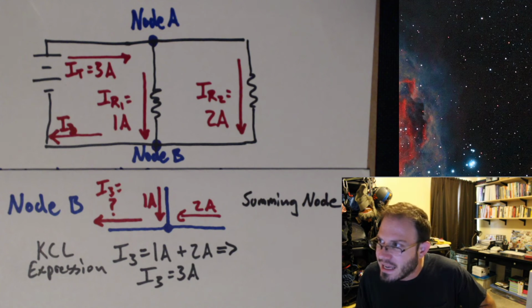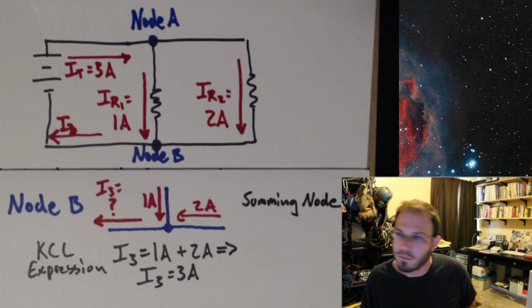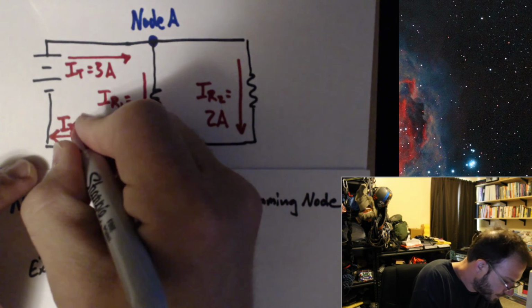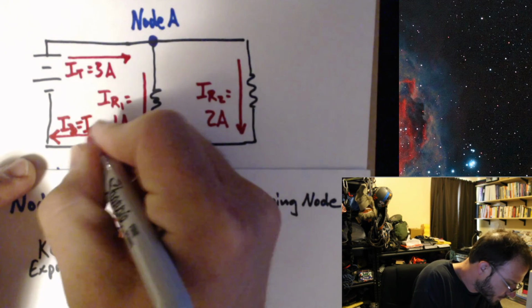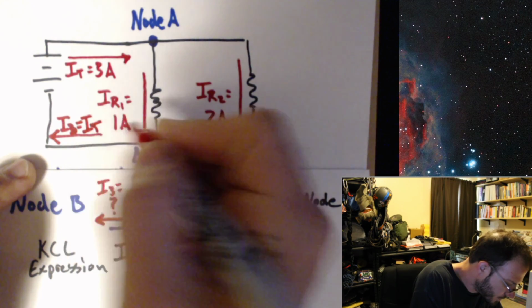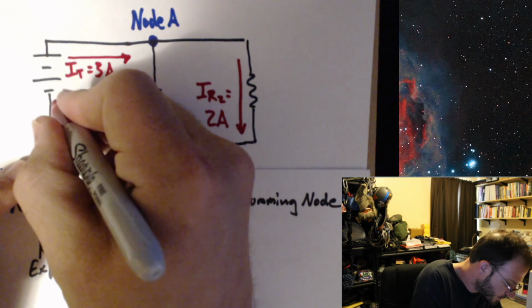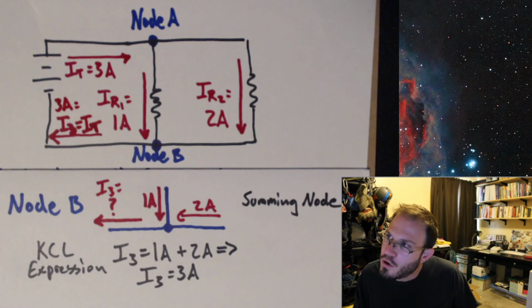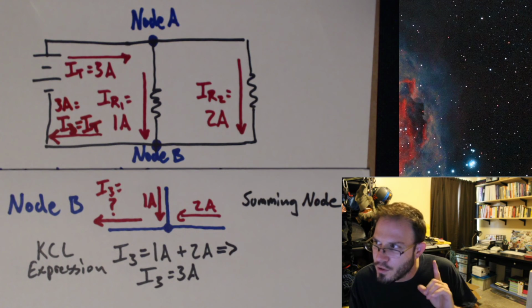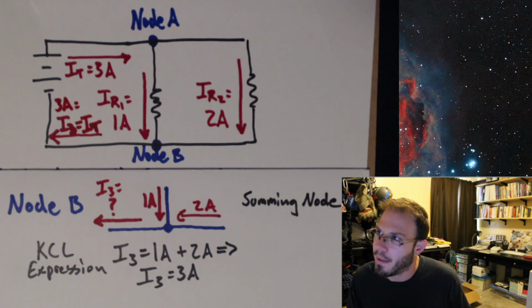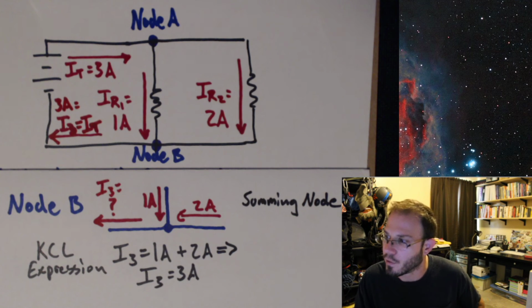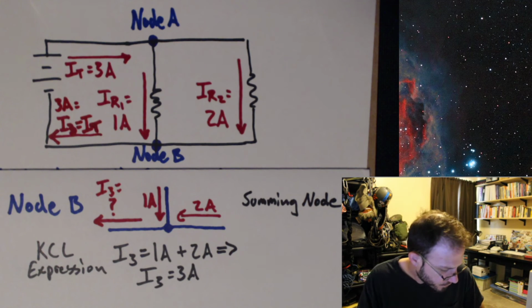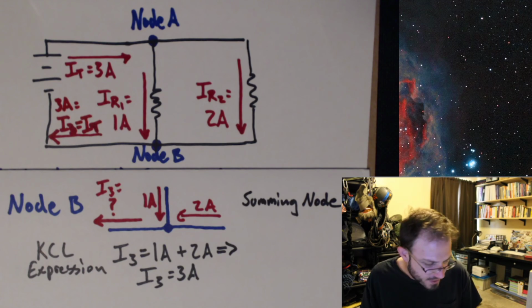I just call it IT again because I know that that's going to be true. So if you know the current leaving a voltage source, you already know the current entering back in that same voltage source.